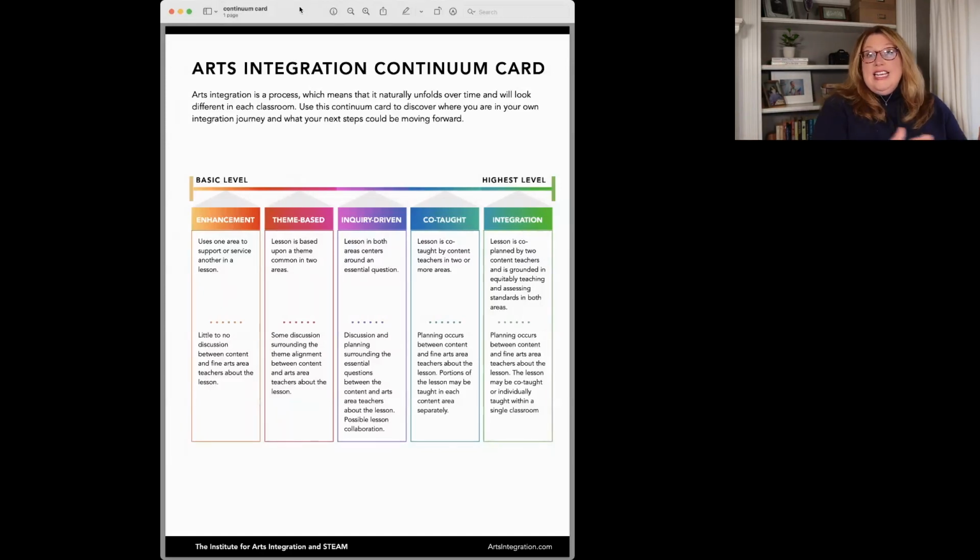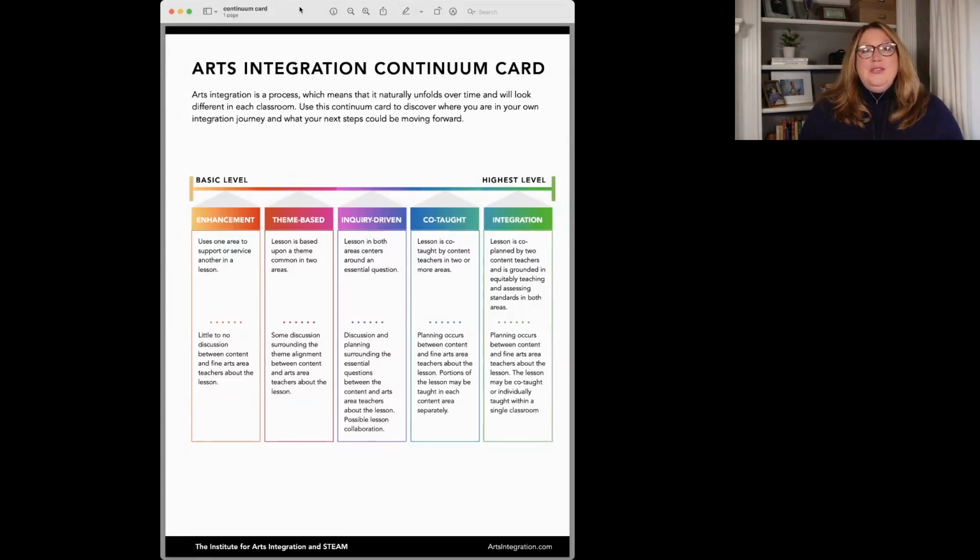Now, you could see how that evolved over time. It doesn't have to be all or nothing, right? So you can decide what's the best fit for what I want my students to know. Is it an arts enhancement lesson? Or do they really need to apply their learning in a more rigorous way? Maybe we do introduce it as a full arts integration lesson.